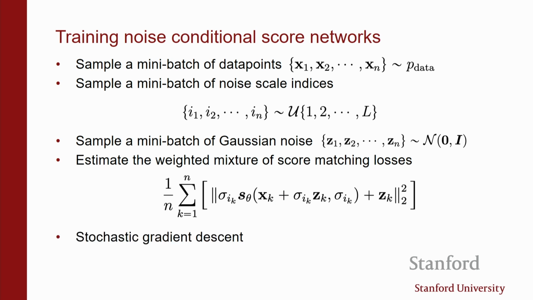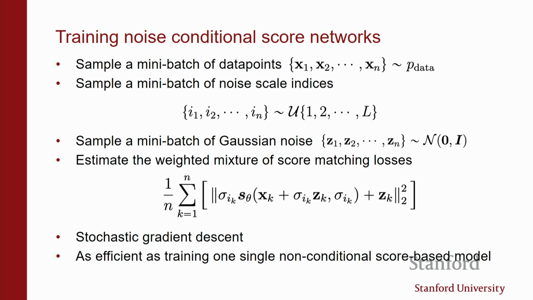And then you just do stochastic gradient descent on this loss, trying to find parameters theta that minimize this denoising loss, which is equivalent to estimating the scores of the data density perturbed with these various noise levels as well as you can.